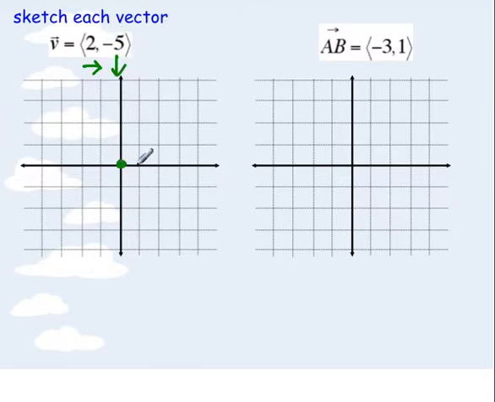So from the origin, go to the right 2 and down 5. Oh, it's so hard to draw on this thing, you guys. Okay, x component here is -3, so that'd be going to the left 3, and then the y component's positive, so it'd be going up. So from the origin, we'd be going to the left 3, and then up 1.